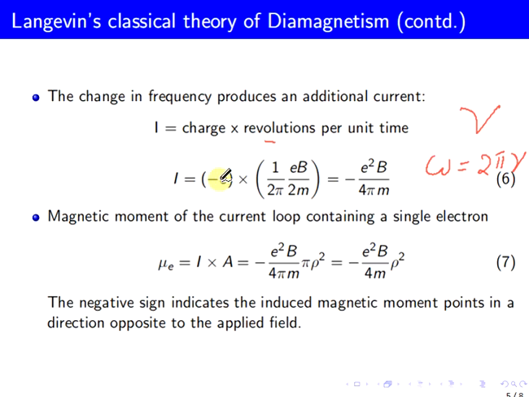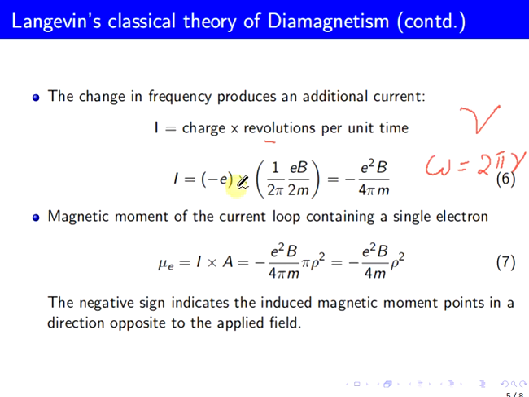So this is the charge of the electron. Remember that in this case we only consider one single electron revolving around the nucleus, so we only use minus E. Otherwise, if there are a number of electrons, we have to substitute Z into E instead of this.